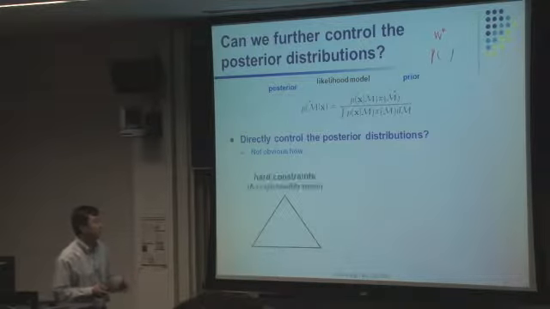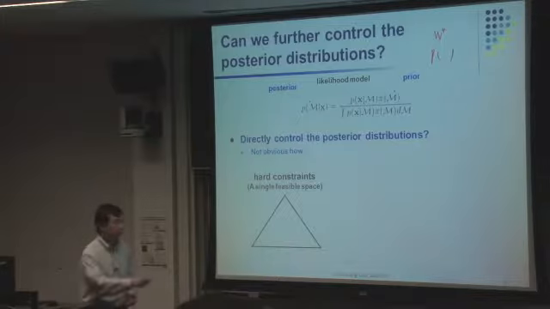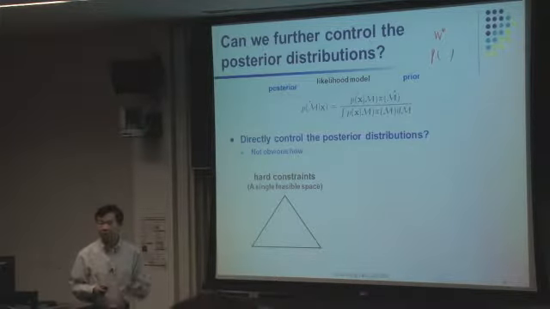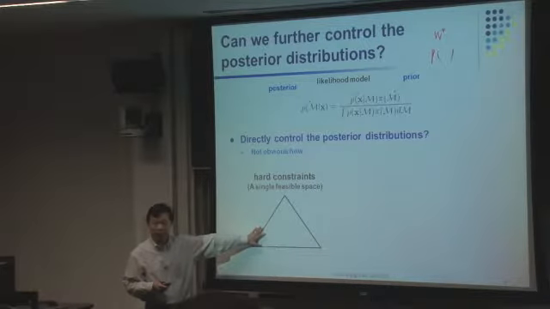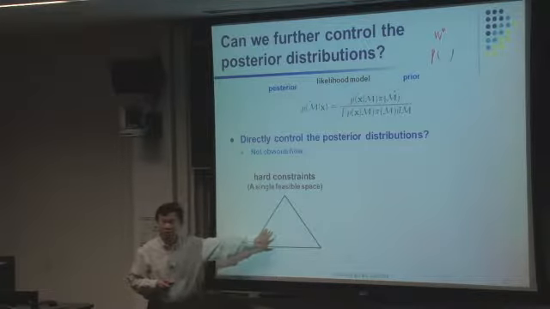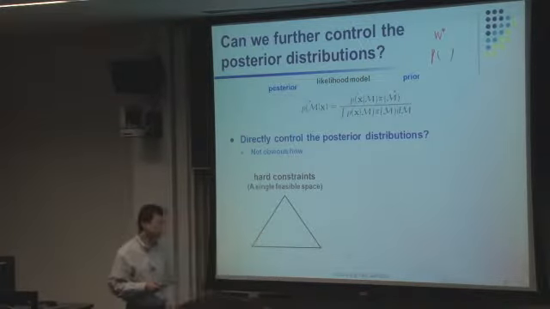So one way, for example, maybe let's do a hard constraint. Say this is the space of all my distributions. Imagine this is a simplex, so it could be just the space of the Dirichlet prior, basically, and you have maybe all the values of a multinomial parameter in here.